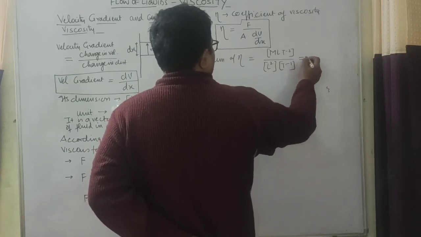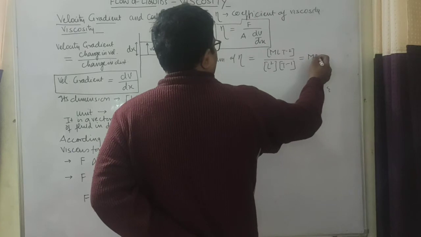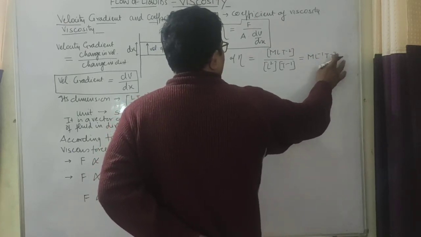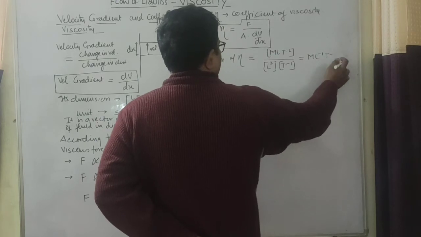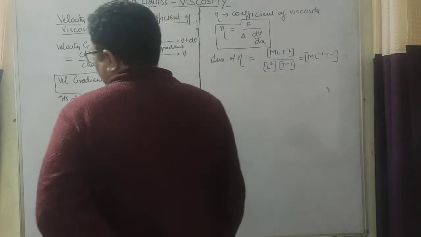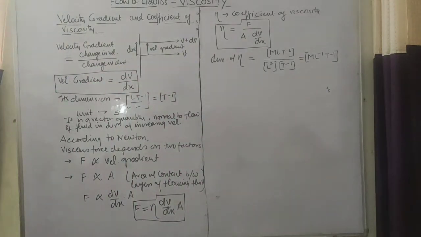So on solving this, you are going to get M L minus 1 T minus 1, the dimension of coefficient of viscosity.